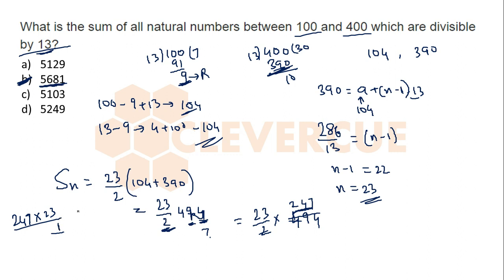So write 1 and keep 16 in your mind. Now 23 into 4 is 92. Add 92 to 16, which is 108. Now write 8 and keep 10 in your mind. Now 23 into 2 is 46. 46 plus 10 is 56.